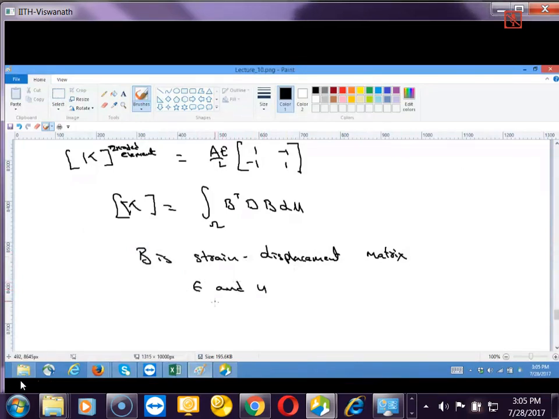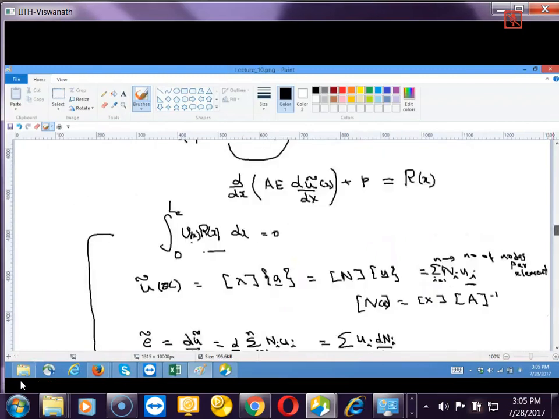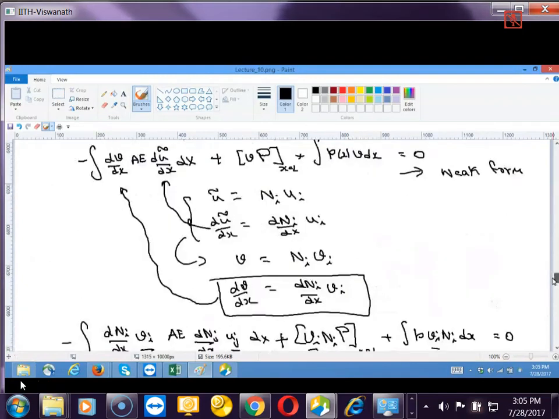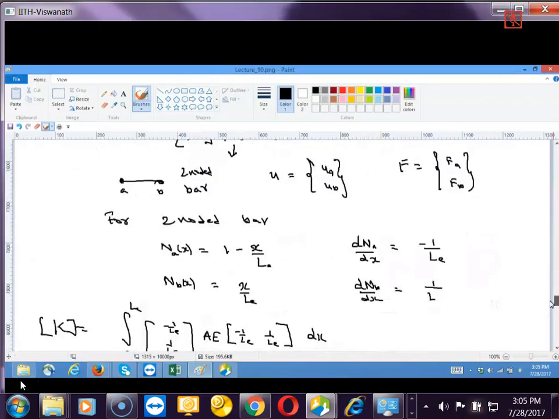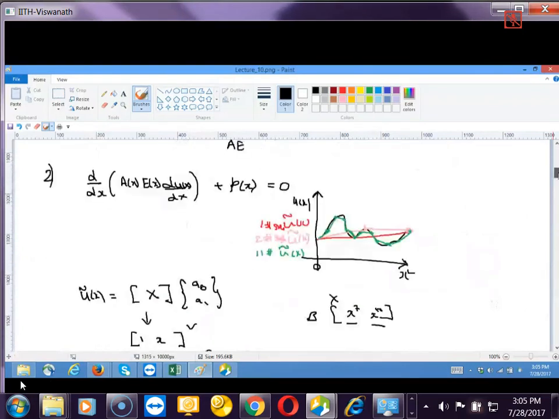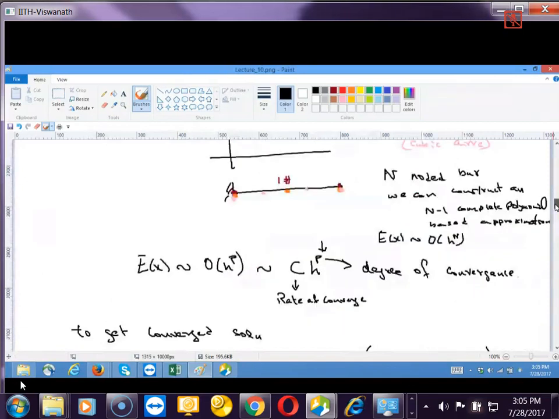For example, if you look at our previous example where I started defining these things, here I already gave you the relation between the strain and the displacements.